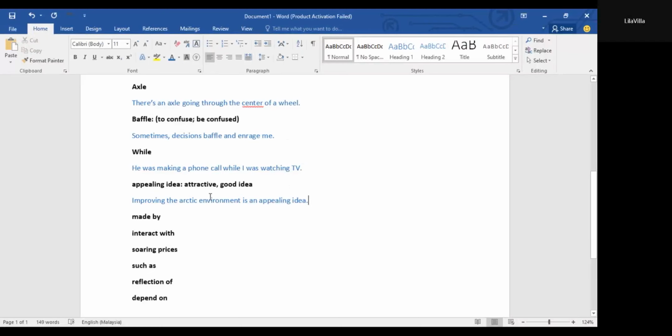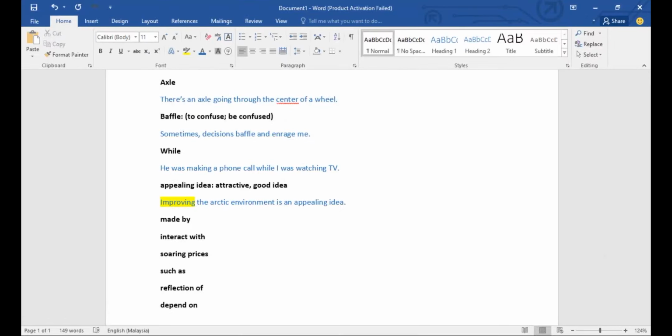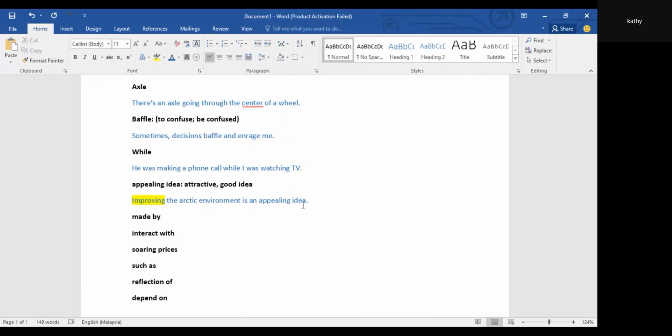Okay, I'm not very sure what you mean about improving the Arctic environment. I have an idea what you're trying to say, but I don't think improving is the right word. Can you come up with a better word instead of improving? I think you mean to say that the Arctic is in danger and you want to somehow help protect it.